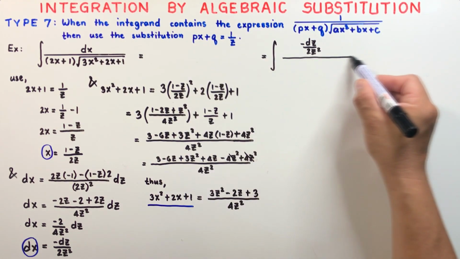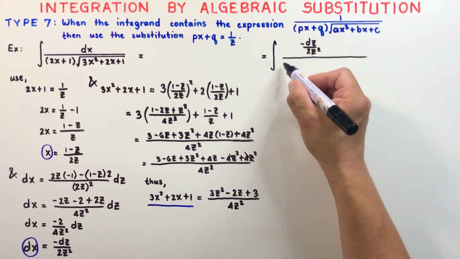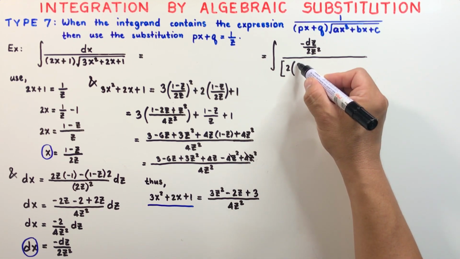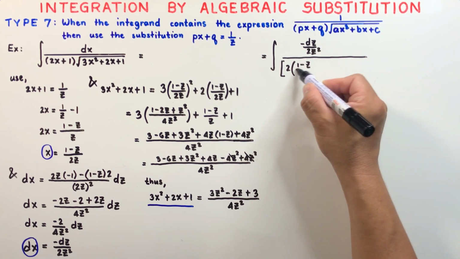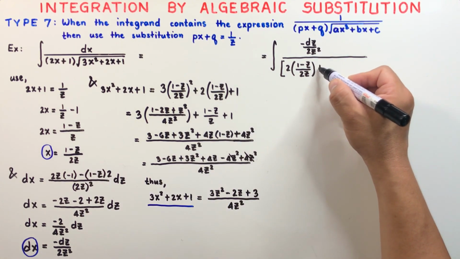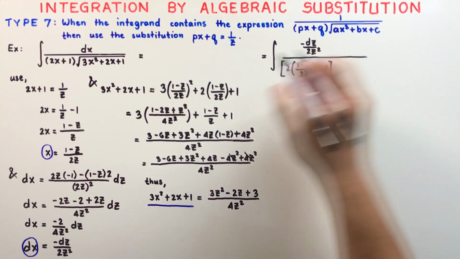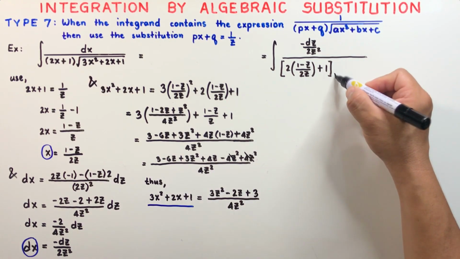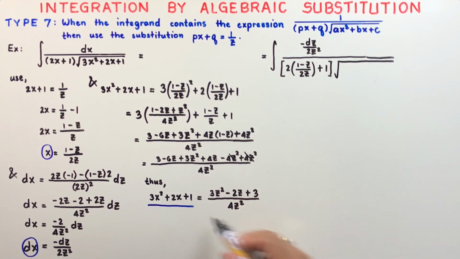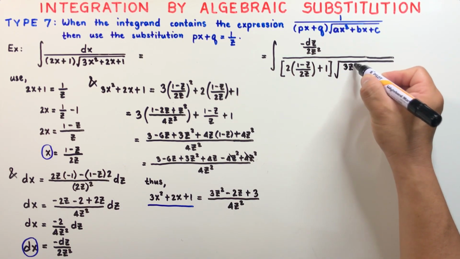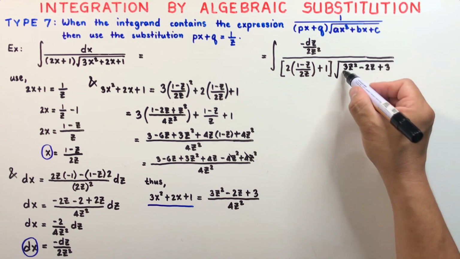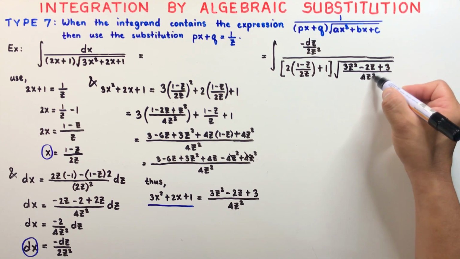And this is divided by our denominator, which is 2 times x, but our x is 1 minus z over 2z from here. And the product is added to 1 to represent this binomial here, times the square root of our trinomial, which is this one here. So this is 3z squared minus 2z plus 3 over 4z squared.